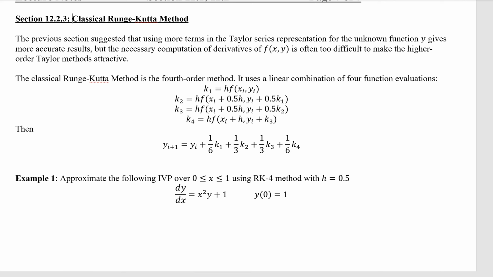And then yi plus 1 is a linear combination of yi, k1, k2, k3, and k4. So this is the formula. Let's look at the example.